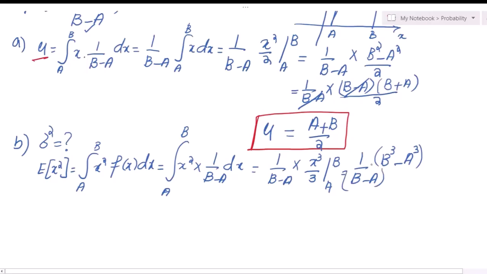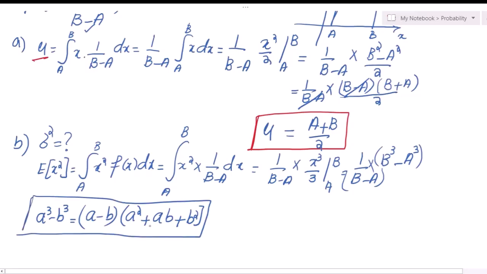Now we know that according to the formula, if we have a and b, then a cube minus b cube can be written as a minus b times a square plus ab plus b square. This is the formula which we know from elementary mathematics.